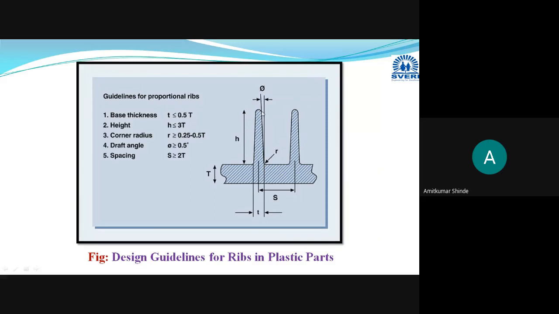Whichever rib you are providing, its sides should be tapered in nature, and at the top side it should have a radius. It should connect to the wall with a fillet, and at the bottom side it should also connect to the wall with a fillet. This is the corner radius, and it should be within the range of 0.25 to 0.5 times the thickness, or 25 to 50% of the wall thickness.